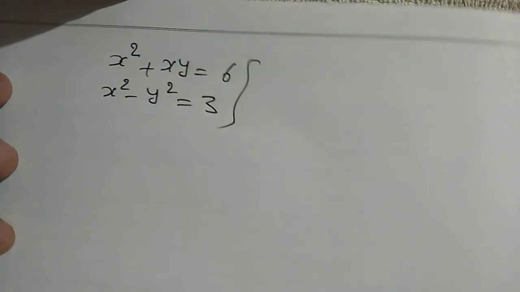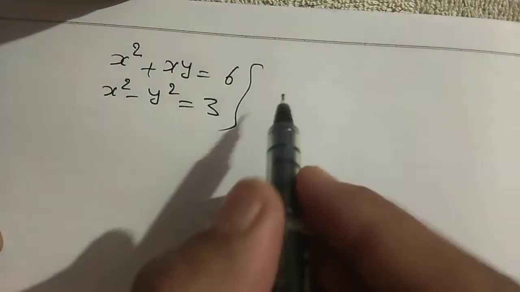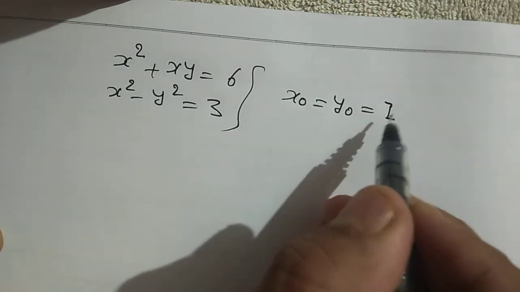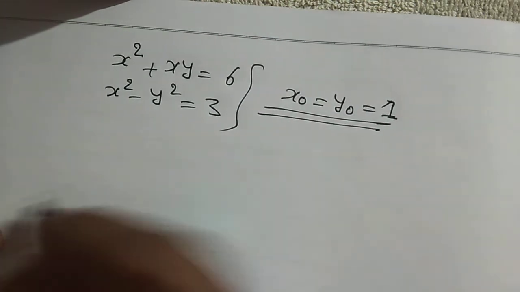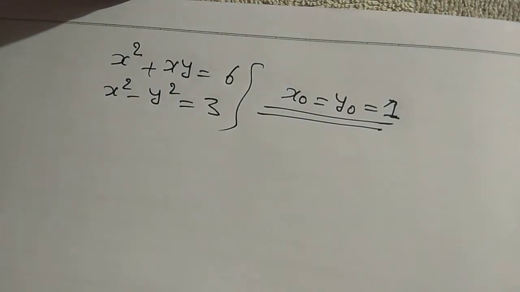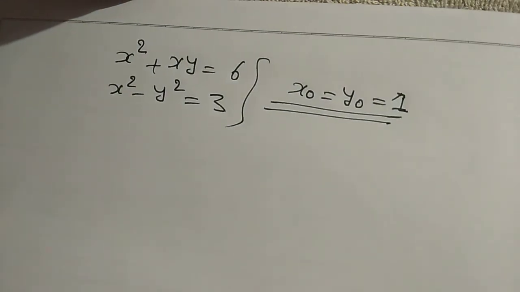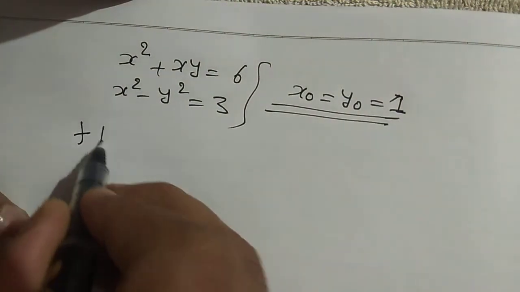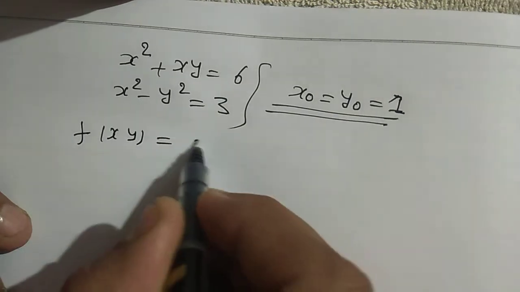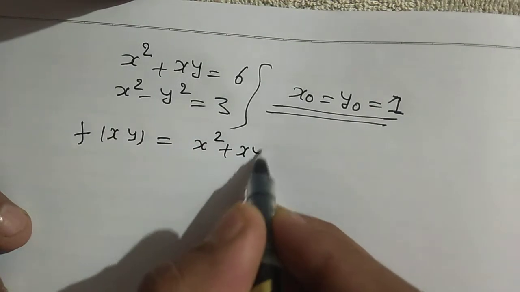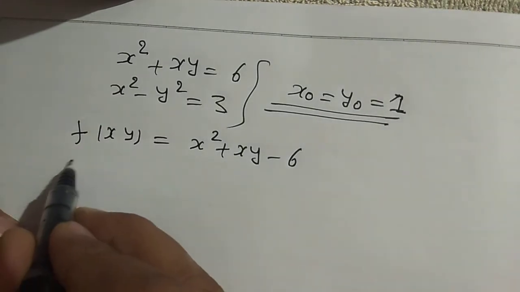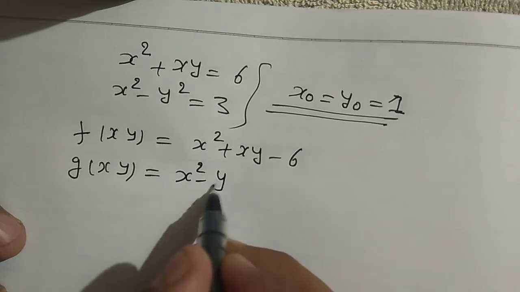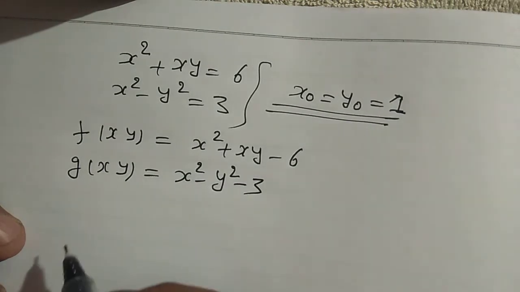The initial approximation is given x0, y0 equal to 1, 1. So first we have f(x, y) equal to x square plus xy minus 6 and g(x, y) equal to x square minus y square minus 3.